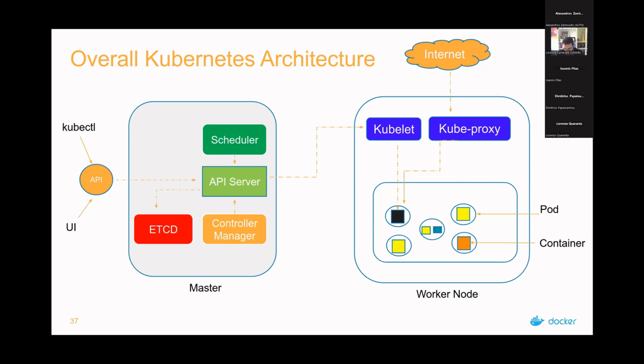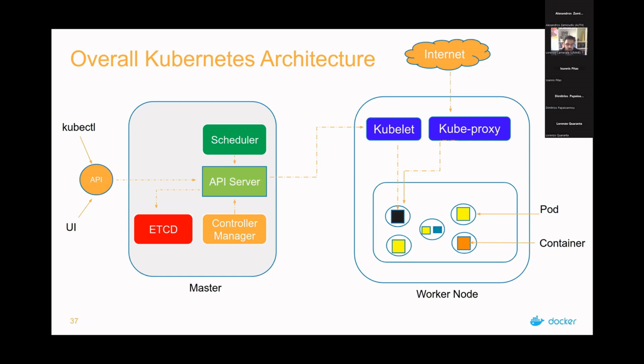So just to recap, using this analogy, we are trying to understand how to manage containers within a complex infrastructure, and of course, we needed a master. The master was able to understand where the containers are, to control the status of the containers, and to allow the communication between the user, I mean, the administrator of the containers, and the worker node.